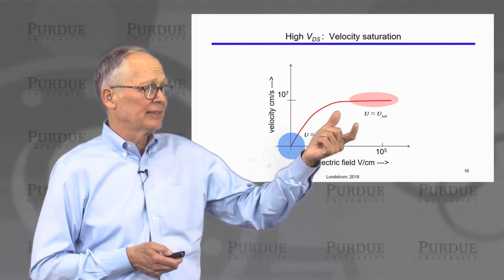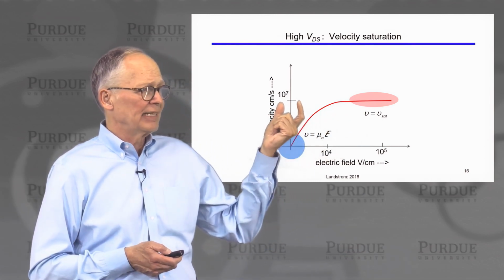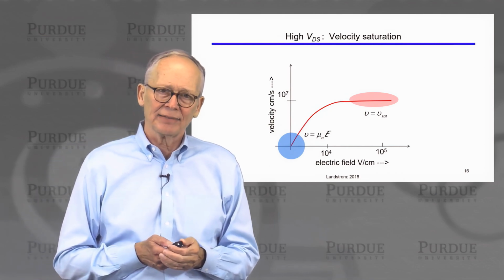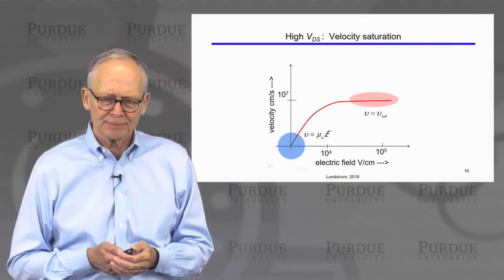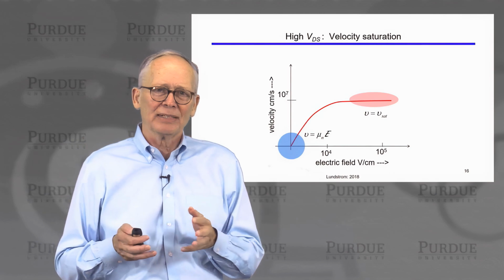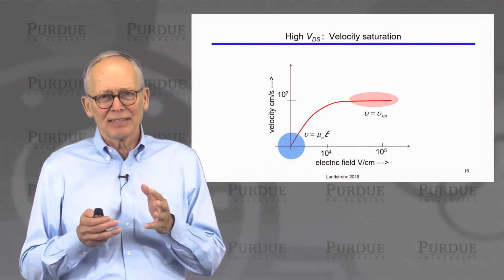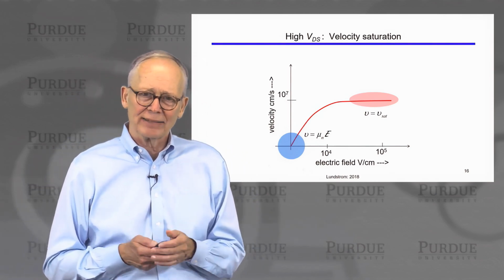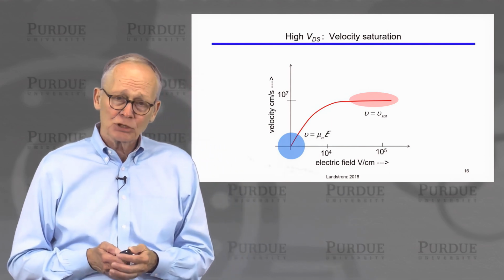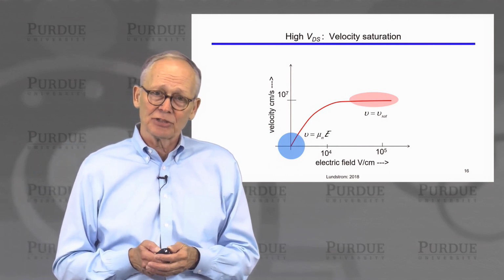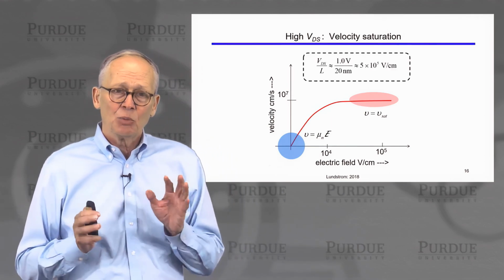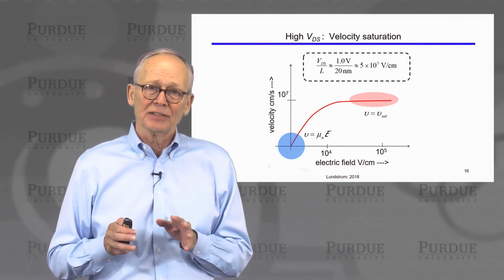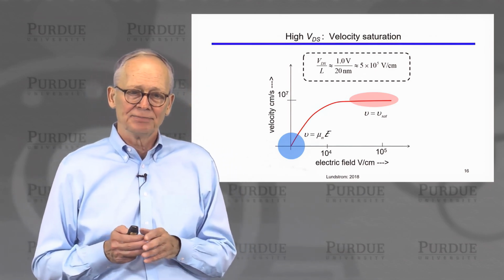It turns out that in silicon, that saturated velocity is almost exactly 10 to the 7th centimeters per second. And it's comparable in other semiconductors. In some, it's a little bit bigger, but not dramatically bigger. So that velocity saturation occurs when there's a high electric field. What's the electric field in the channel of a modern transistor?